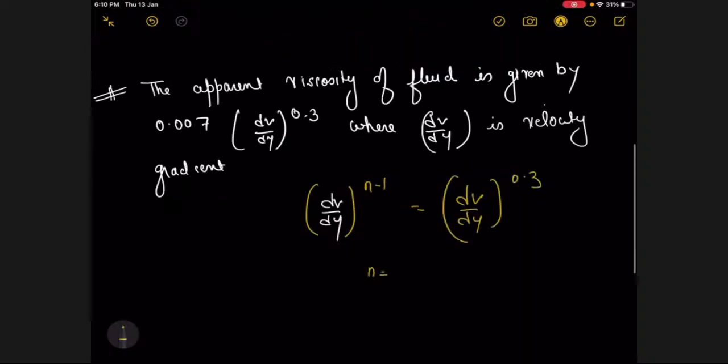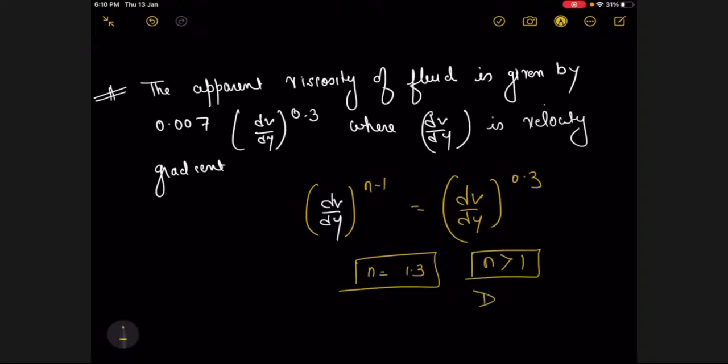So n will be 1.3, and when n is greater than 1, it means the fluid is dilatant. It is a dilatant fluid.